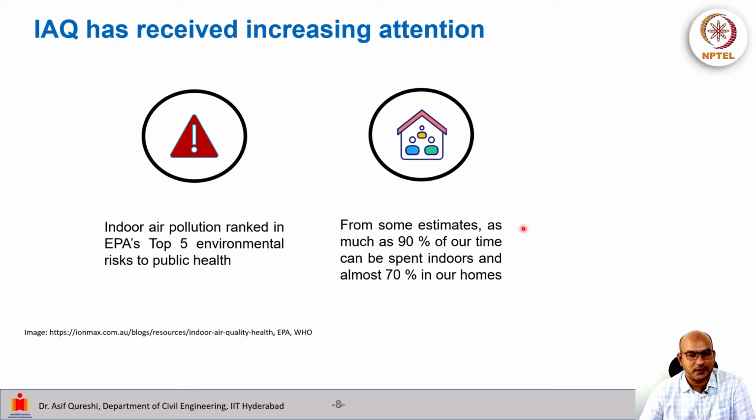So, given all this, of course, it is natural that IAQ has received a lot of attention in recent years. Here, indoor air pollution was ranked in US EPA's top 5 environmental risks to public health. We already have seen that as much as 90% of our time is spent indoors and almost 70% in our homes.